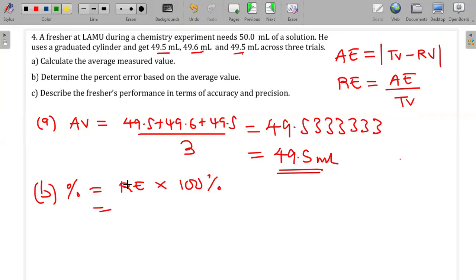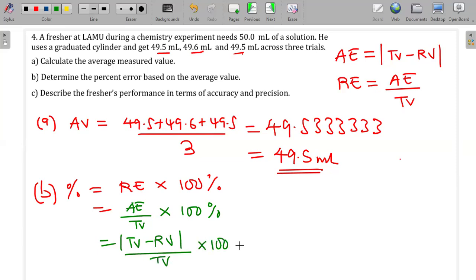Here we're just going to use a shortcut. Relative error is absolute error divided by the true value, multiplied by 100%, and this gives us the percentage error. The absolute error is the modulus of the true value minus the recorded value. So if you want the percentage error, you can simply use this formula.